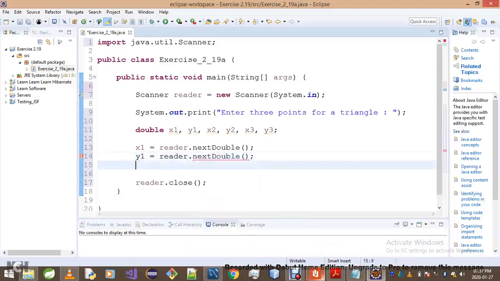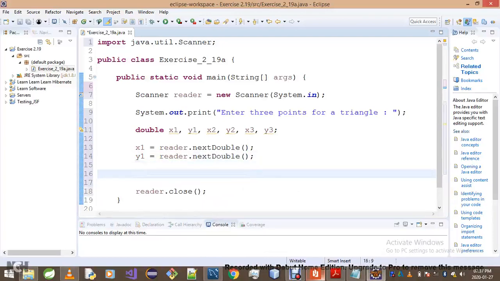Again, I hope you can recall the fact that the order of reading these user inputs matters. Suppose you decide to go x1 equals reader.nextDouble(), and then after that you go x2 equals reader.nextDouble().